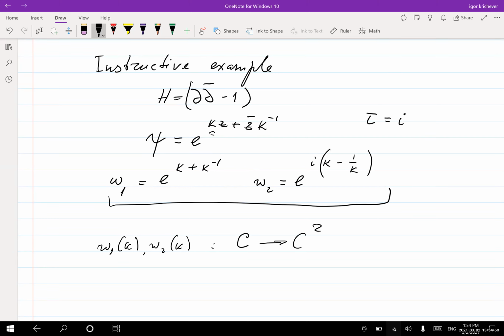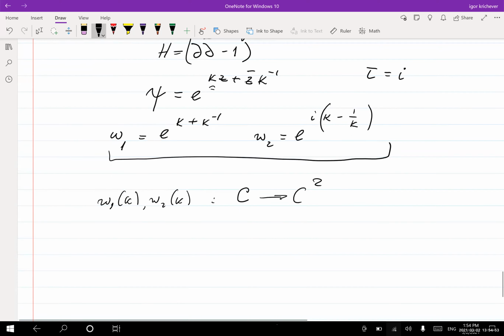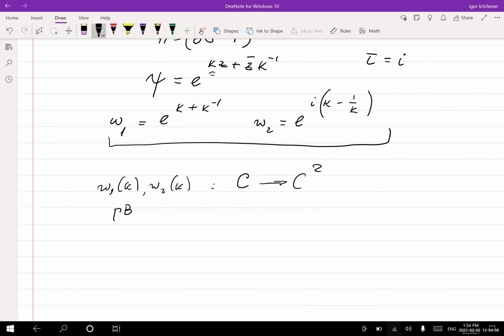It's a highly singular curve. The Bloch-Floquet set for this example has an infinite number of double points. That can be easily found from the equation. They are indexed by pairs of integers.